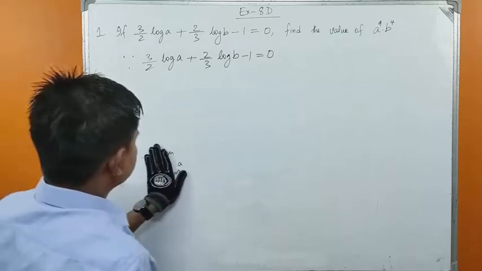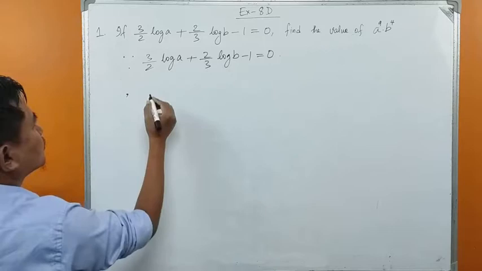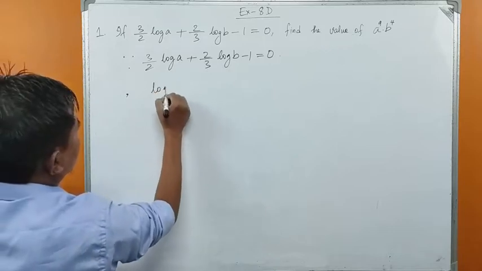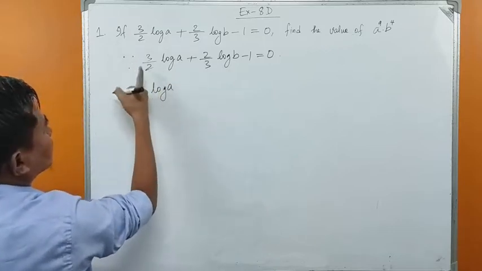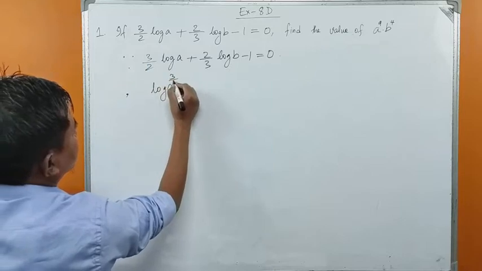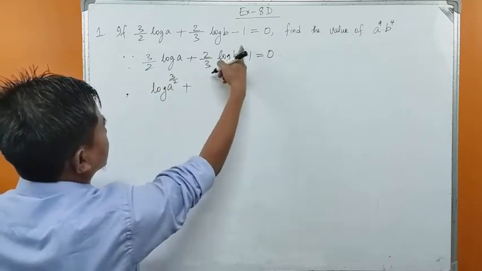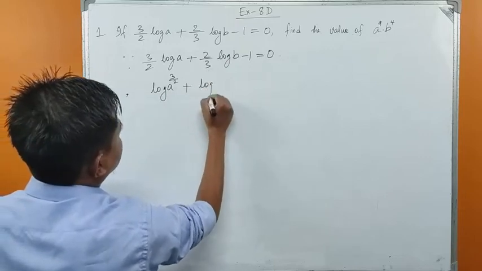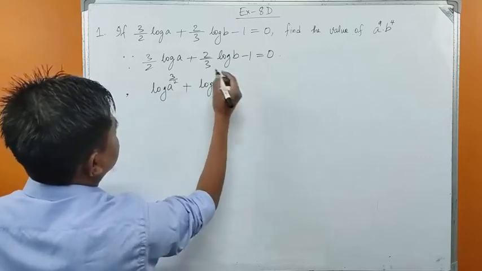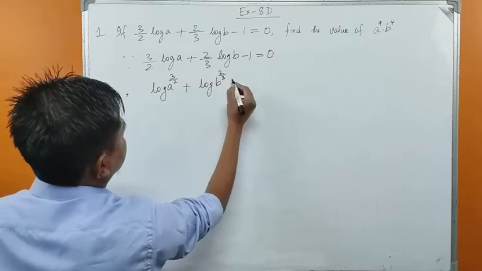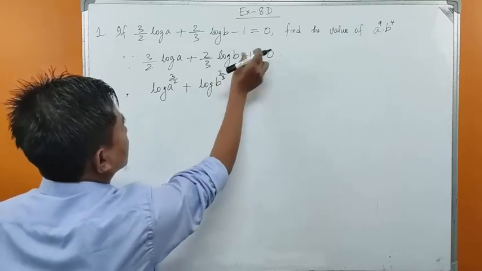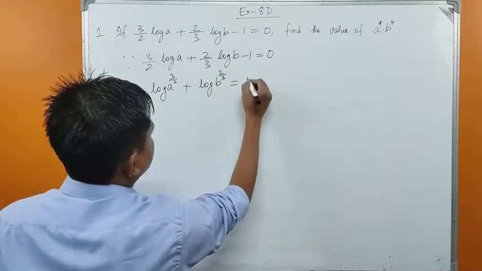This is the rule of logarithm. So we can write this as log a to the power 3 upon 2 plus, this number 2 upon 3 we take as power, so log b to the power 2 upon 3 equals, minus 1 we take to the right hand side, becomes plus 1.